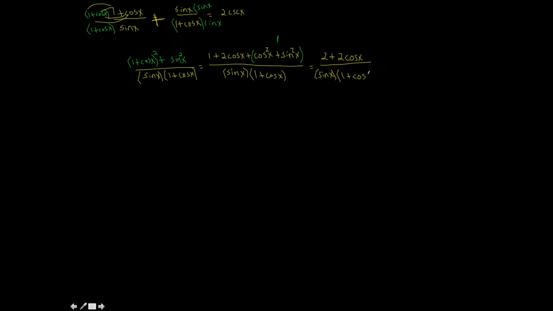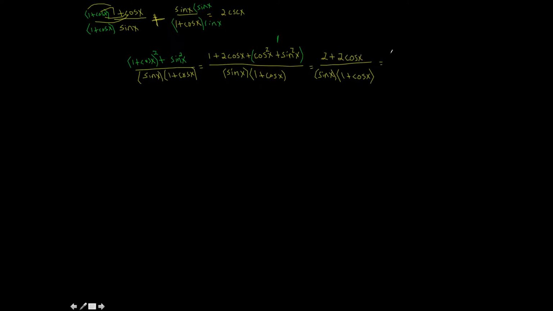Now, here's what should jump off the page at you as you're manipulating these. The goal is to simplify this. I see that 1 plus cosine x down there, and then I see a 2 plus 2 cosine x on top.